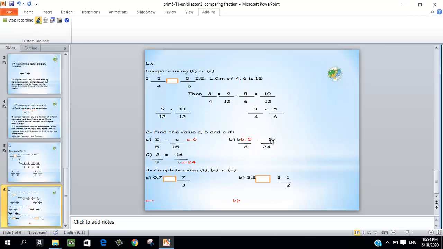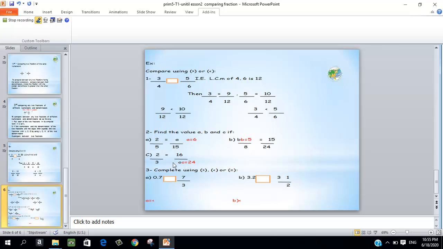But the missing number is on the left side, so the 24 changes into 8. Should we divide or multiply? It should be divide. 24 divided by which number equals 8? Divide by 3. What is the property of fractions? If we multiply the numerator by a number, multiply the denominator by the same number. If we divide the numerator by a number, divide the denominator by the same number. Here we divided by 3, so here also divide by 3. 15 divided by 3 equals 5. Then B equals 5.